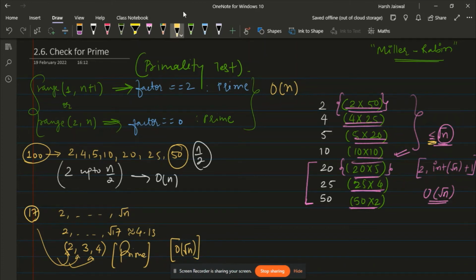One more improvement you can do over here is, we are checking it for 2 and also for 4. If a number is divisible by 2, is it going to be divisible by 4 also?